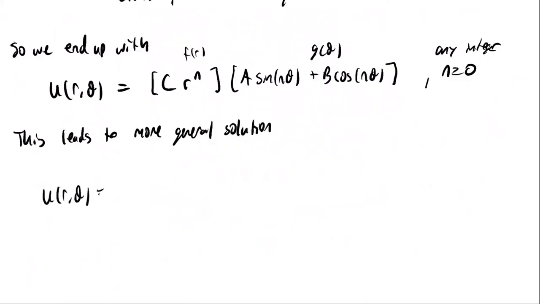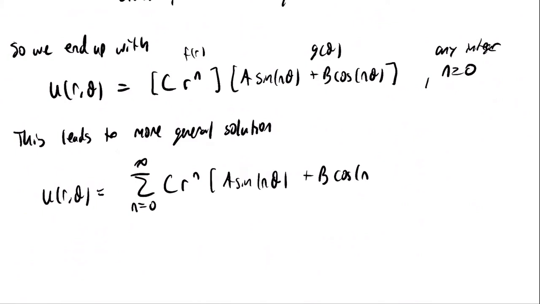u of r theta given by the sum from n equals 0 to infinity, c times r to the n times a sine n theta plus b cosine of n theta, where a and b can depend on n.